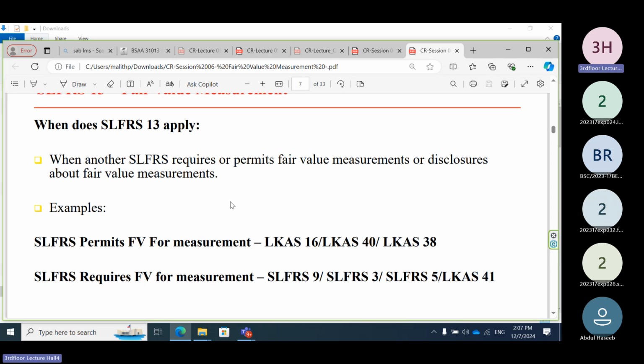According to the business model test, we categorize instruments into three different buckets. Some of the instruments, according to the business model, you are keeping till maturity.